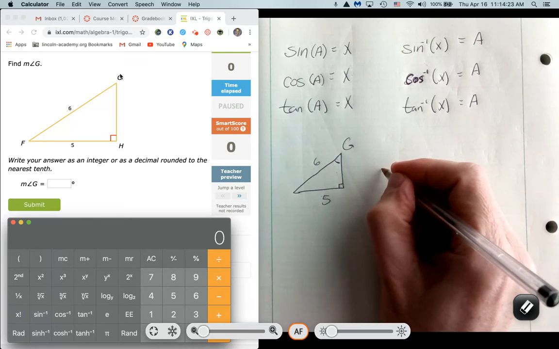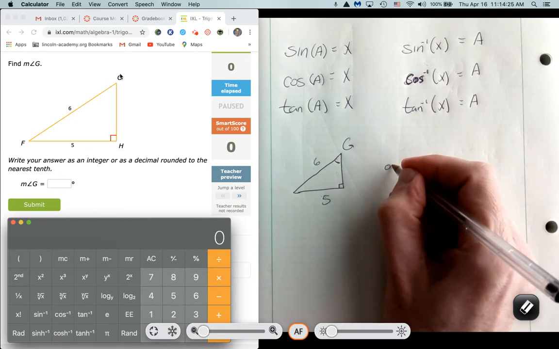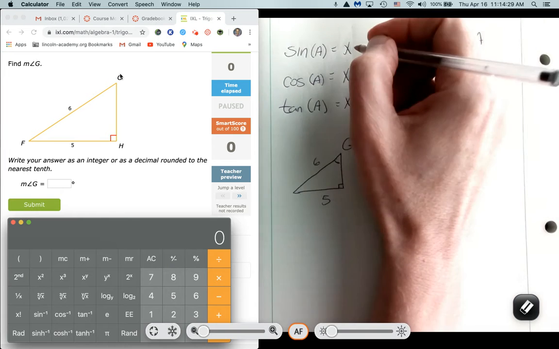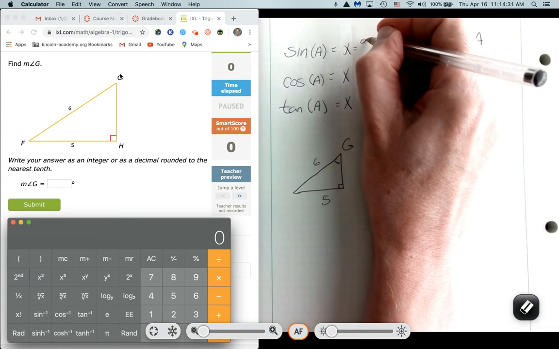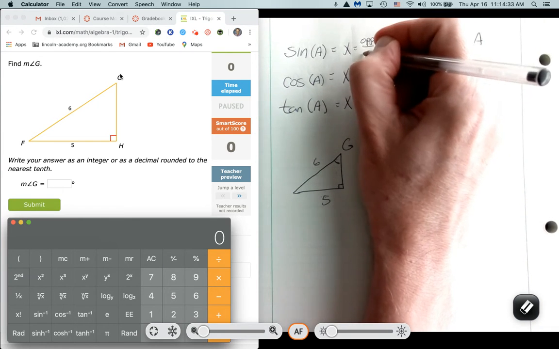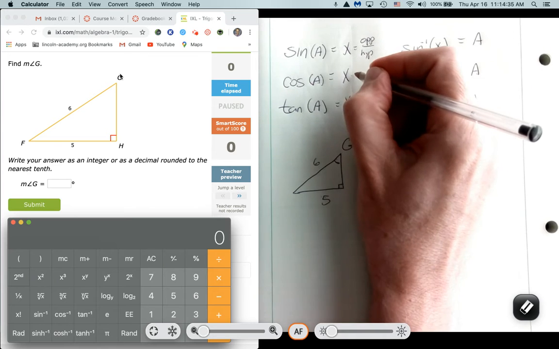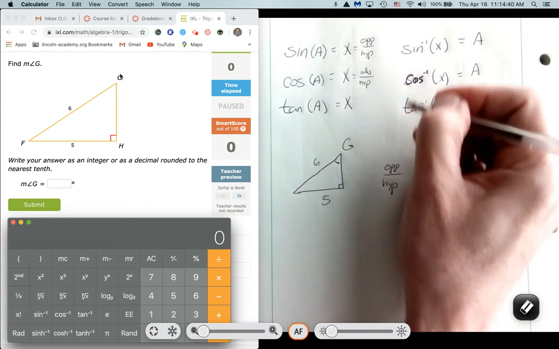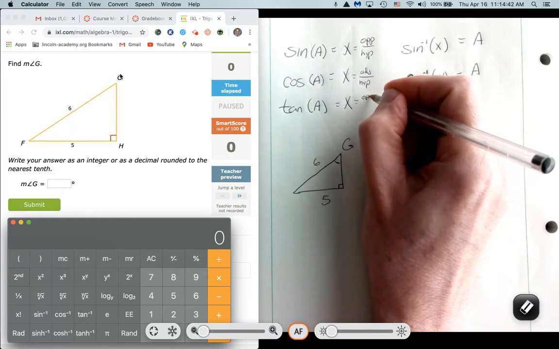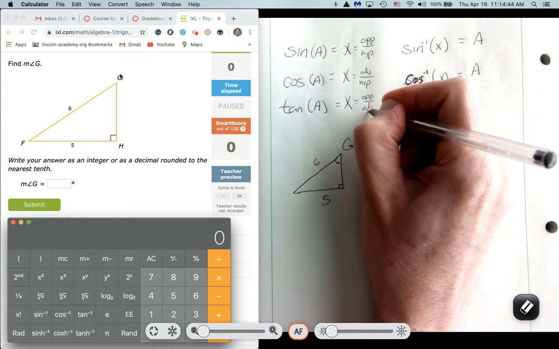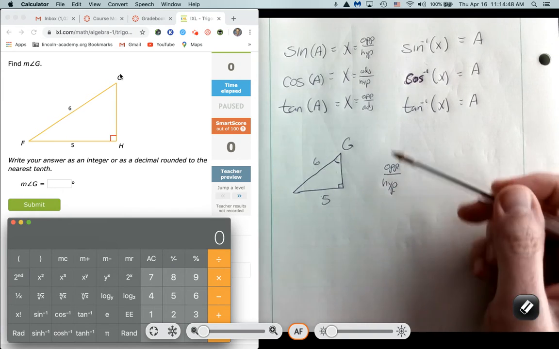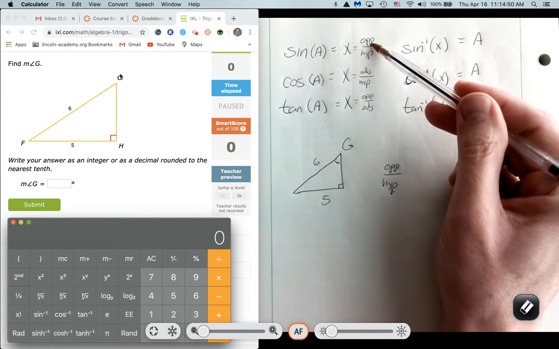So I have the ratio of the opposite over the hypotenuse, which I'm going to put back up here. Remember, opposite over hypotenuse is the sine, adjacent over hypotenuse is the cosine, and opposite over adjacent is the tangent. Since I have the opposite and the hypotenuse, I'm looking at the sine function.